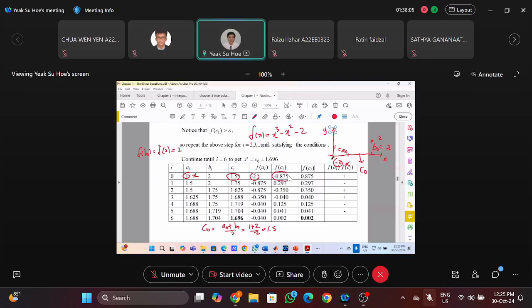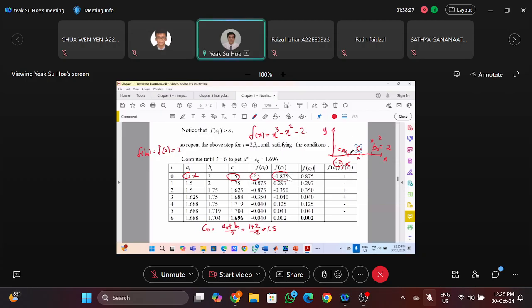So what is negative 0.8? It's here. C0 at the middle, and then what is the answer? Your answer at the bottom is here.